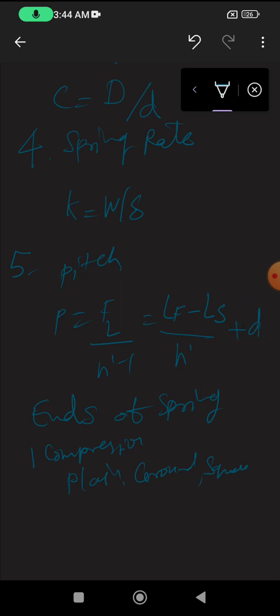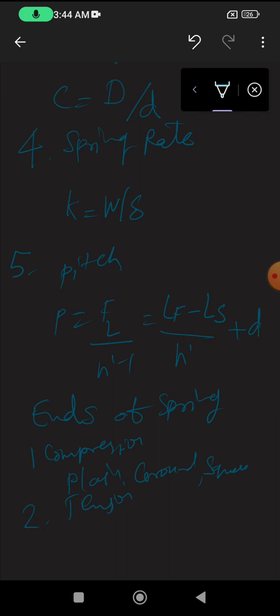So these are various ends. And for tension spring, the ends are also of various types. So these are various types of ends for the helical springs.